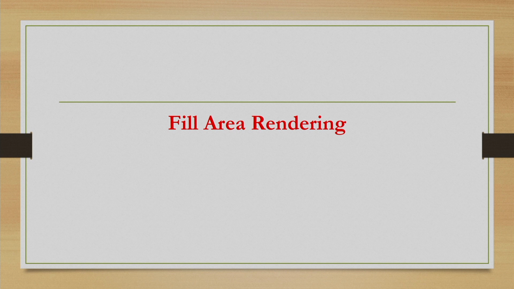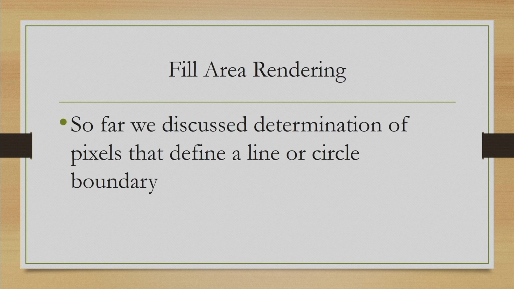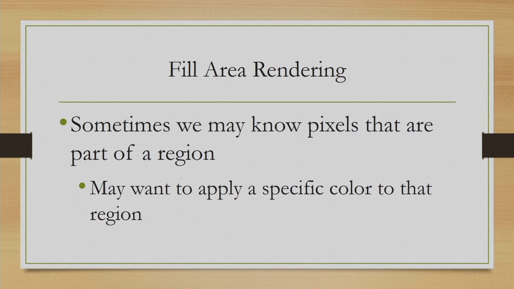So, first let us try to understand what a fill area is. What have we discussed so far? How to determine pixels that define a line or a circle boundary. Sometimes that may not be the case.